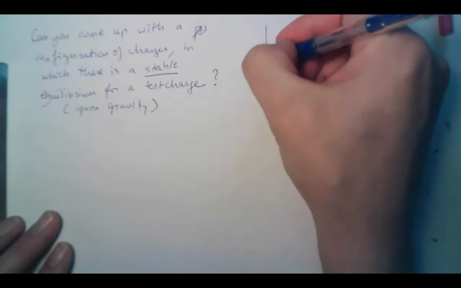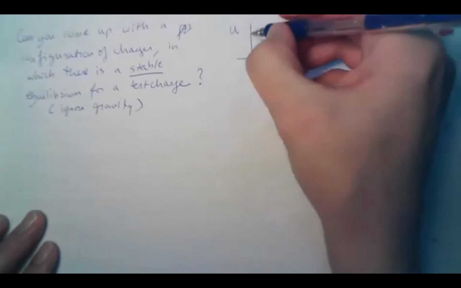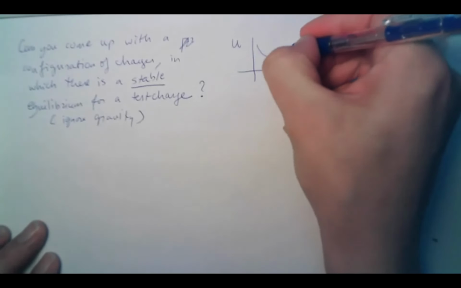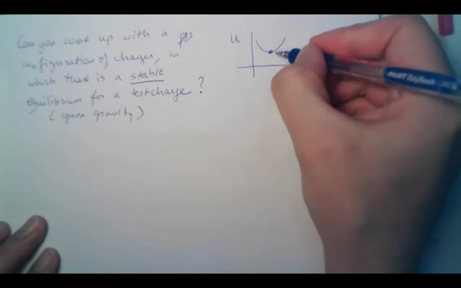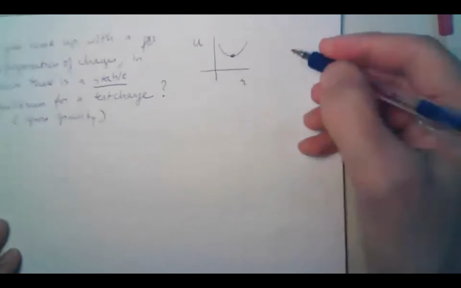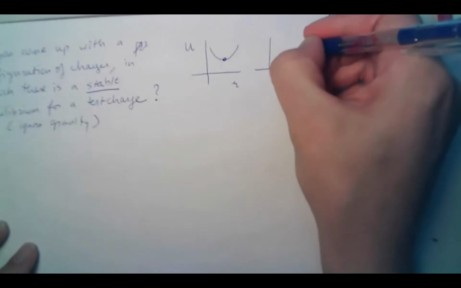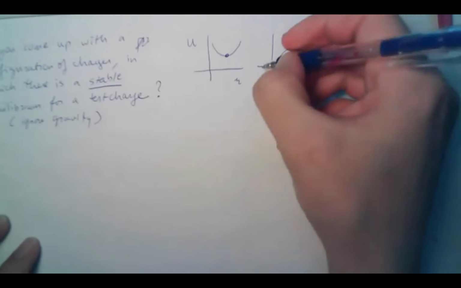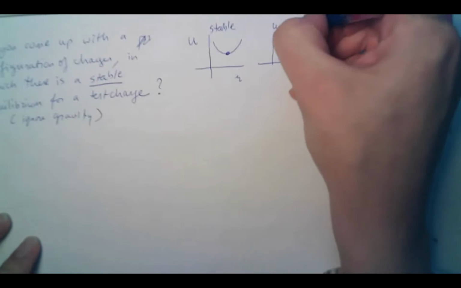So, for instance, in a potential energy landscape as a function of distance, that means there is a minimum here. You have an object that sits here. Whenever you try to kick it, the potential energy goes up a little bit and it returns to the initial configuration. So that's stable. This is unstable.